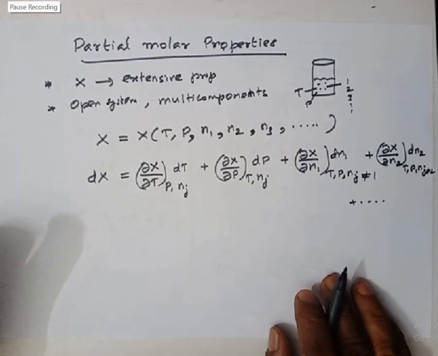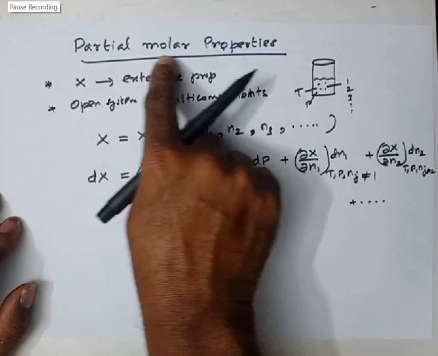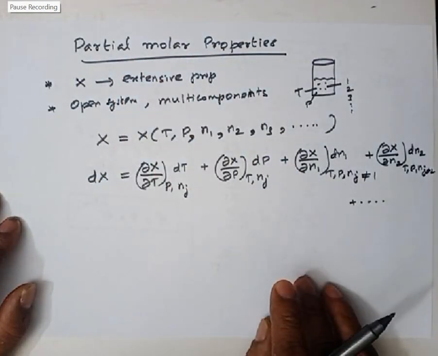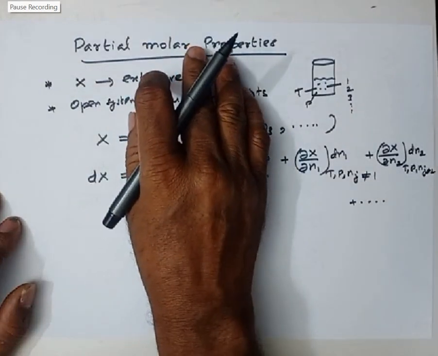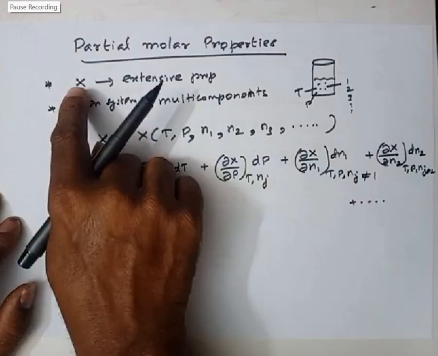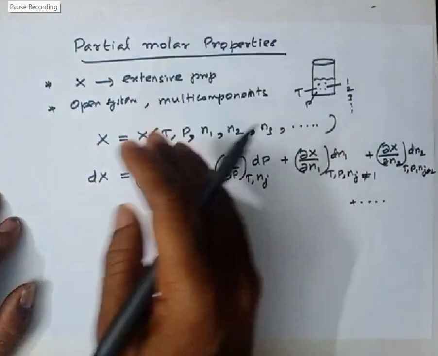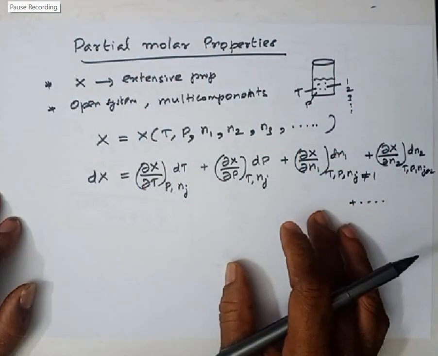I'll explain again. The topic we have chosen now is partial molar properties. For a partial molar property we should take some extensive property. It can be Gibbs free energy or internal energy or Helmholtz free energy, or even volume, which is also an extensive property.